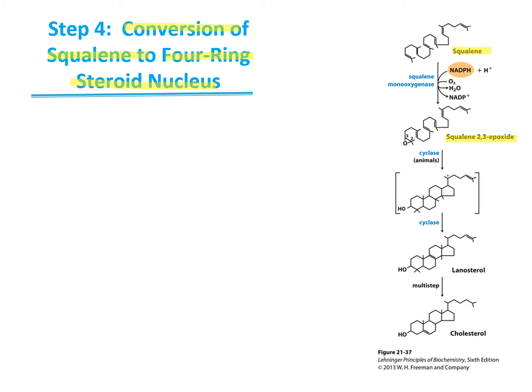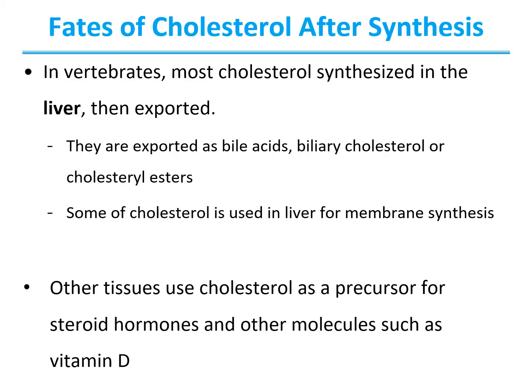And then we have multiple steps with the enzyme cyclase that converts it into lanosterol, and finally lanosterol into cholesterol, which has the same structure as we saw in the first slide: 4 fused rings, 1 alkyl chain, 1 hydroxyl group, plus 1 double bond between carbon 5 and carbon 6.